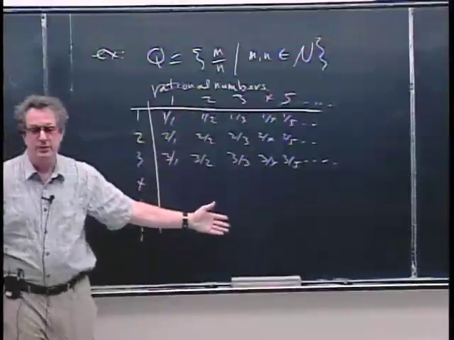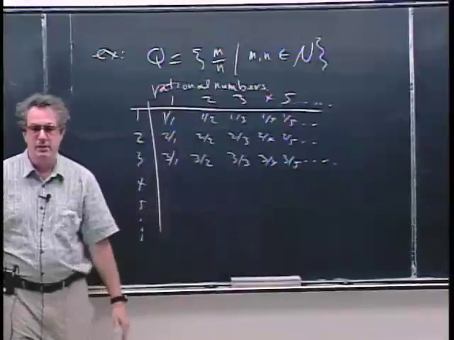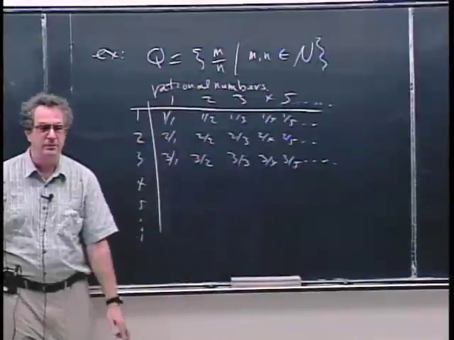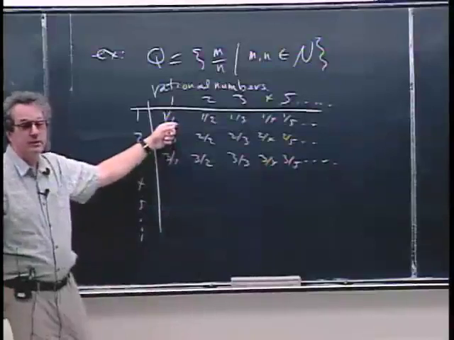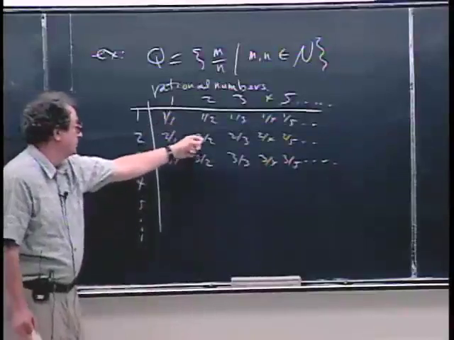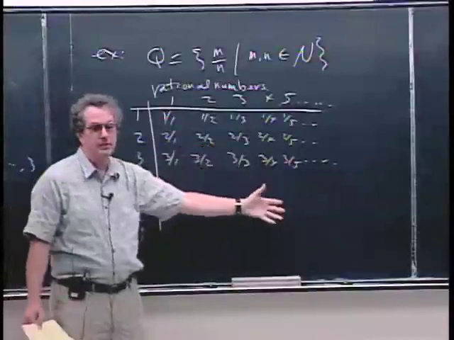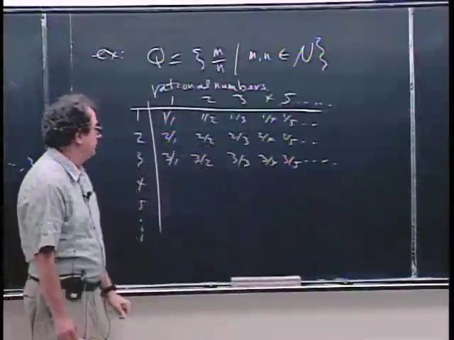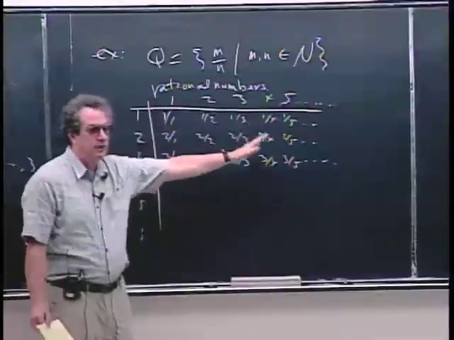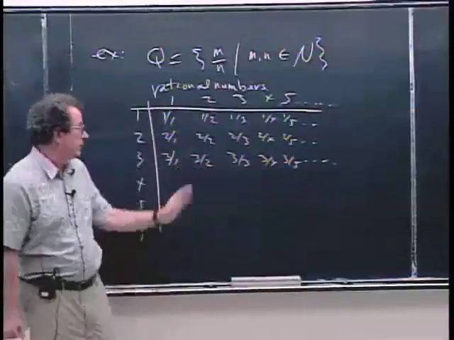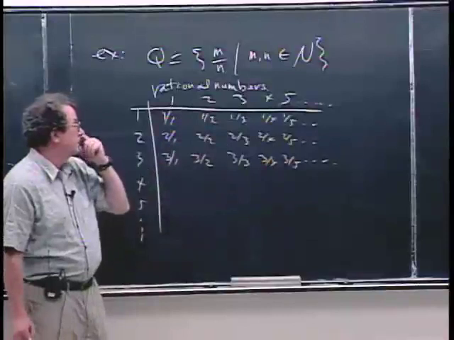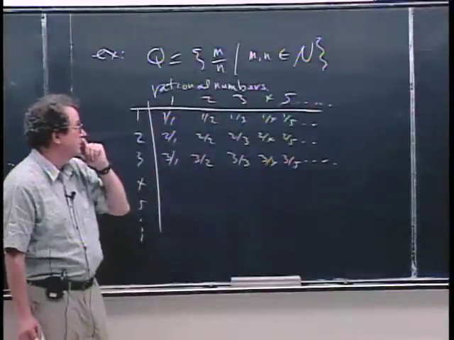Now, each particular rational may be there many times. In fact, it's going to be there an infinite number of times. Like the number 1, it's there as 1 over 1. It's also there as 2 over 2 and 3 over 3. But that doesn't matter. This certainly contains all the rationals, even though each particular rational is there many times.